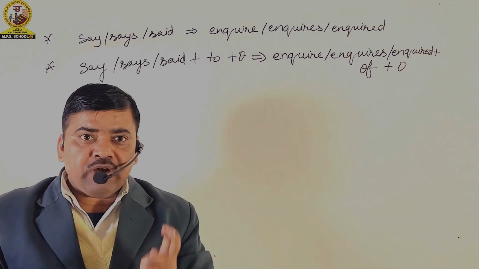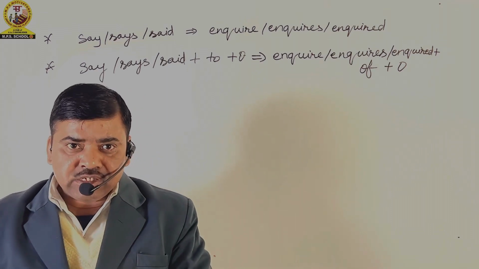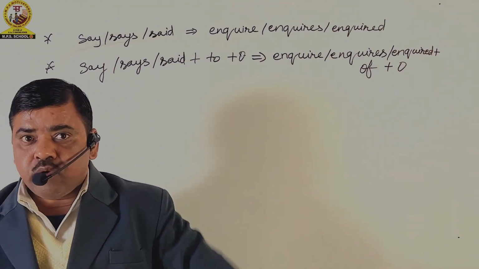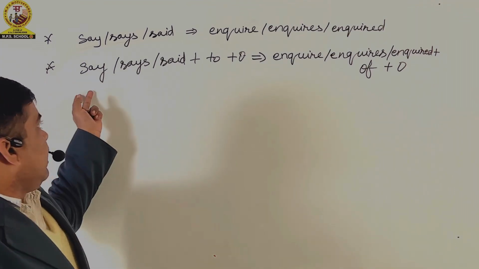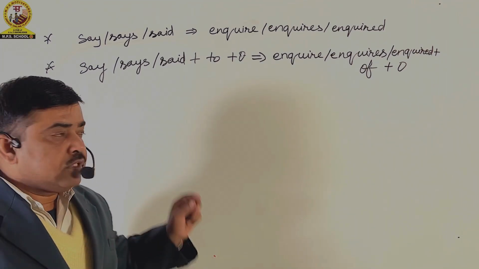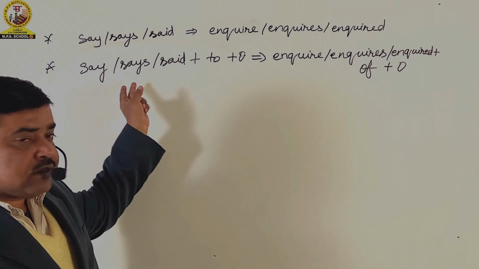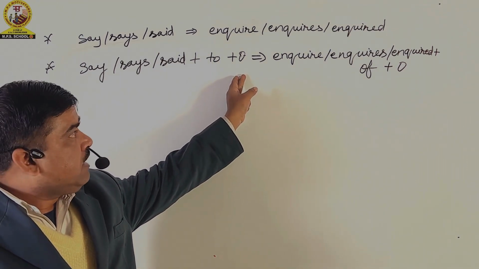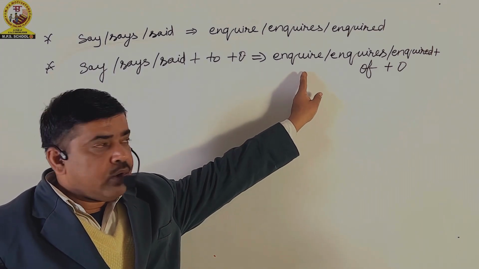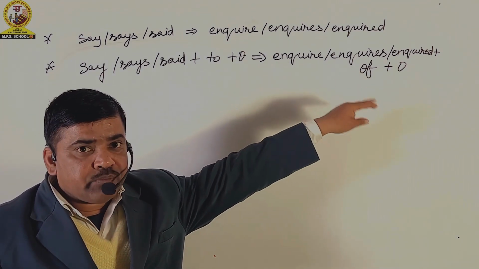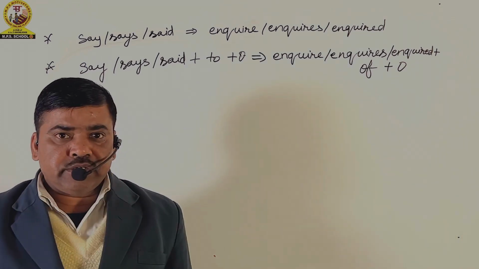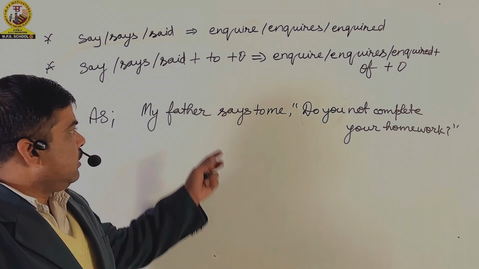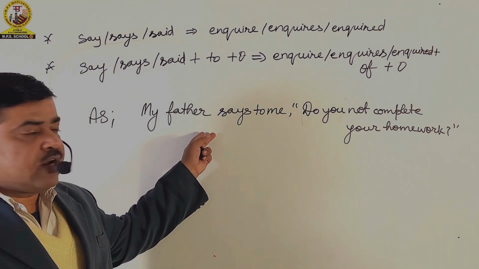In place of ask, asks, asked, we can also use inquire, inquires, inquired. And if the combination is say, said plus to plus object, then we will use inquire, inquires, inquired plus of plus object.